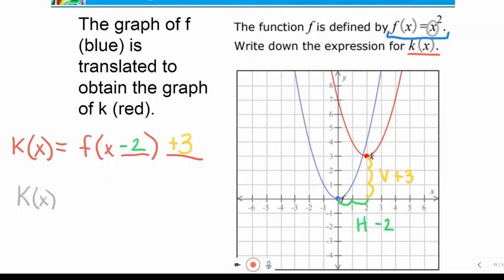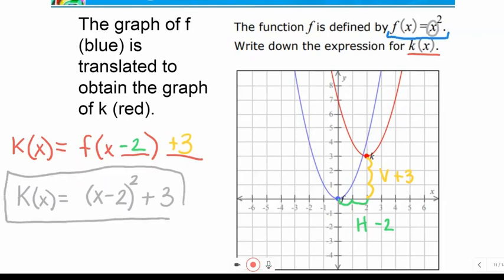So k of x is going to be x minus 2 squared, and then plus 3 on the outside. So we can go from equation to graph. We can go from graph to equation.